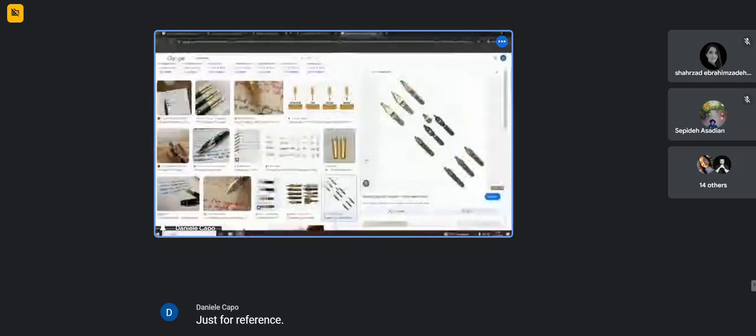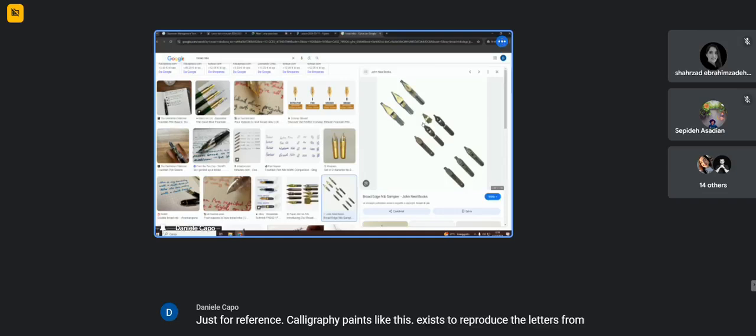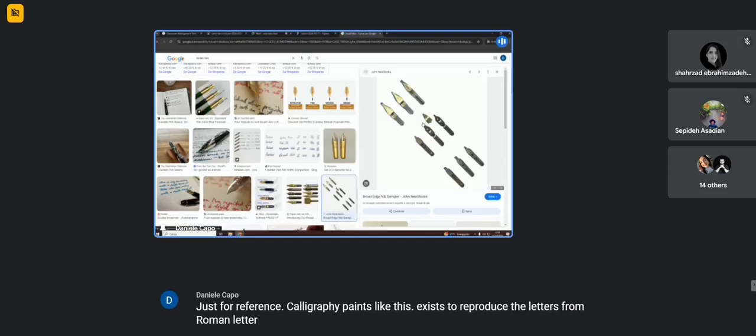Just for reference. Calligraphic pens like this exist to reproduce the letters from Roman letters to Middle Ages and Renaissance letters.